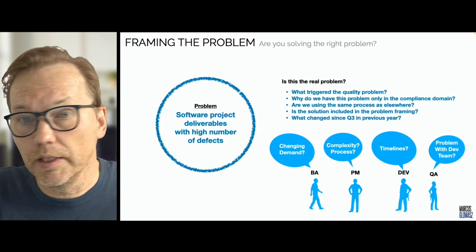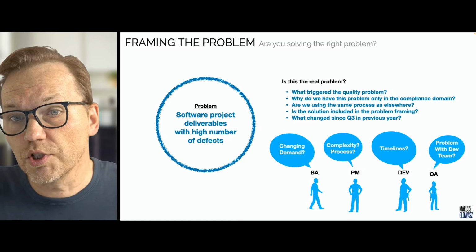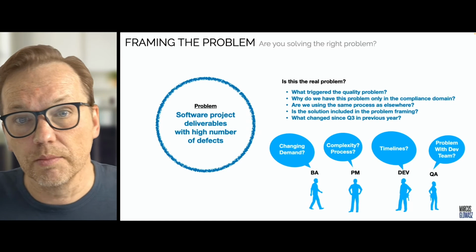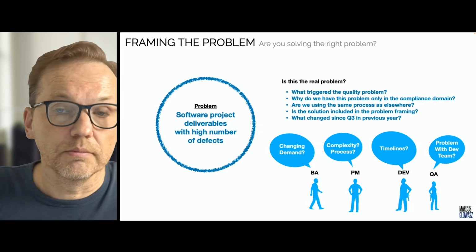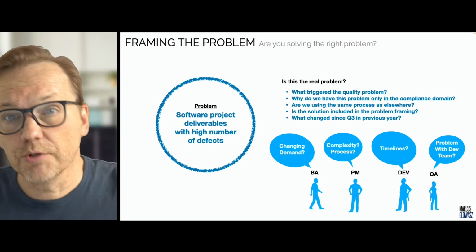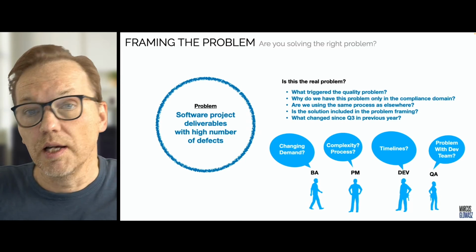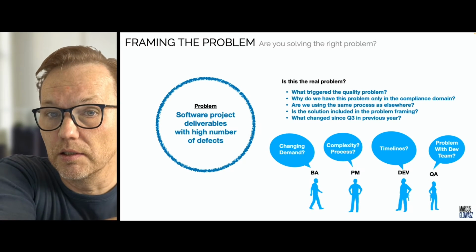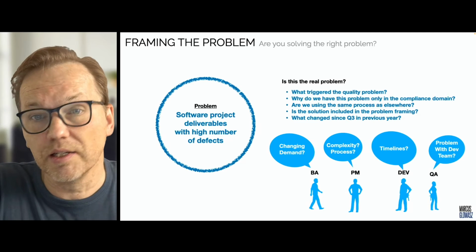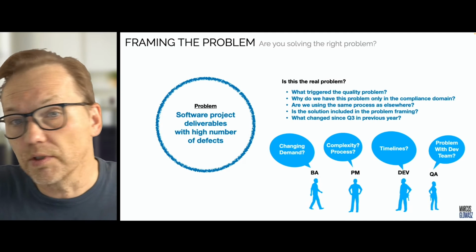Or are we even already implying the solution by stating the problem, which could be misleading? Or something obviously happened between Q3 and the previous year, and the year in question. Something changed, because we're saying the failure rate or the defect rate increased, but before it was obviously acceptable.